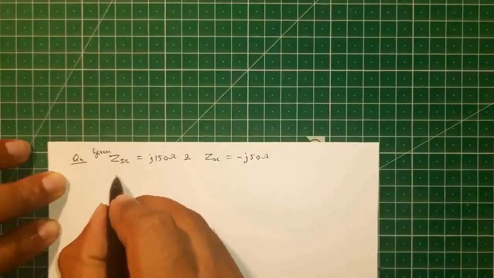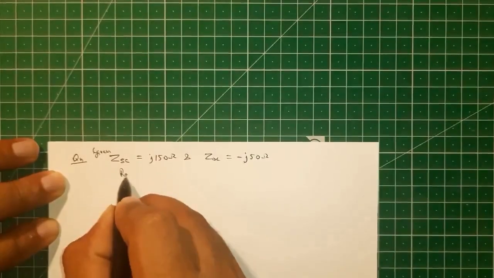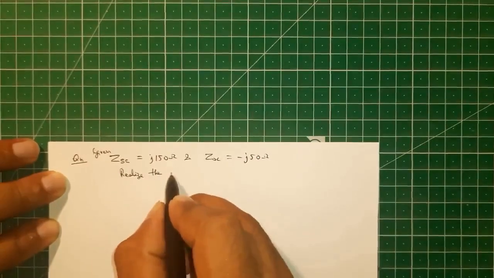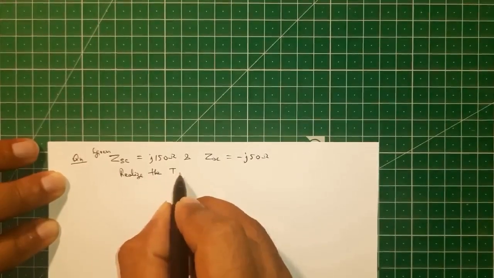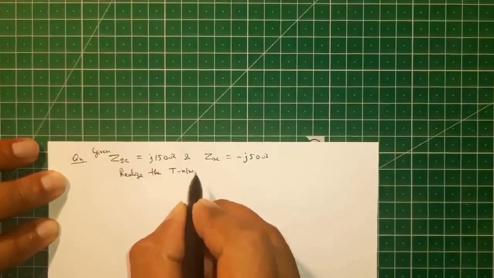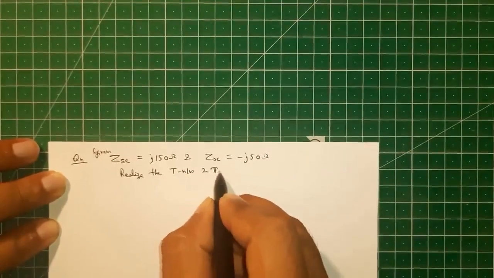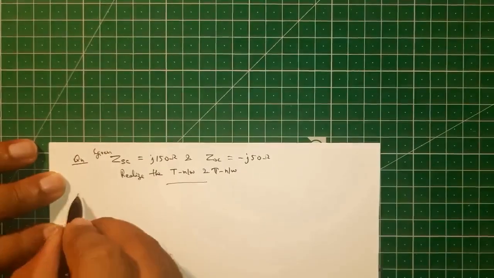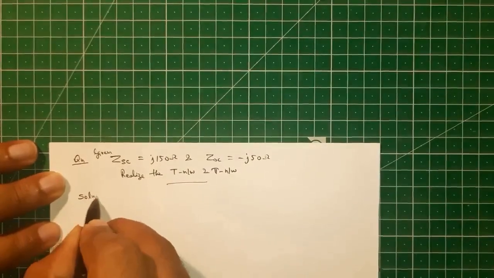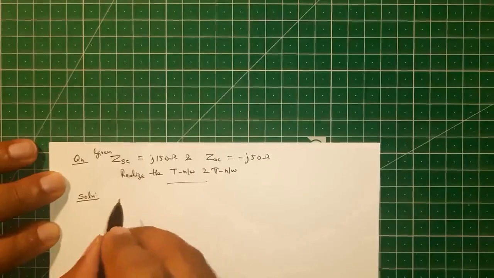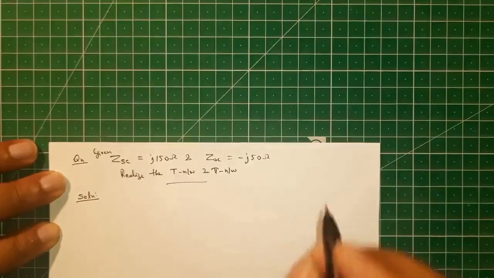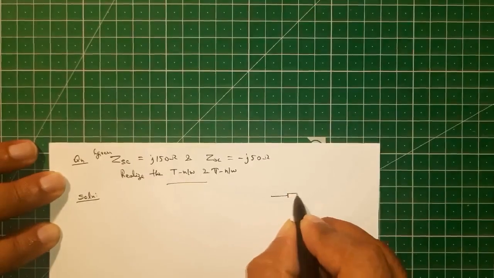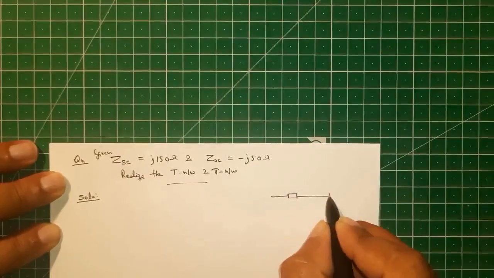The question is to realize the T and pi networks. This is a straightforward question. We have already derived the expression for the branch impedances. So this is our T network.